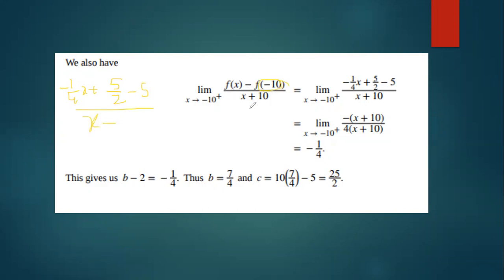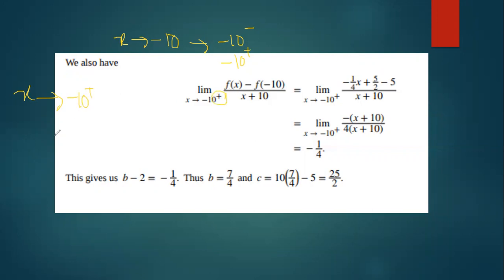Again, we have to write here. Just give me 1 second. My limit is basically x approaches minus 10. So minus 10 will be negative. I have to write the limit of the function at minus 10 with a plus here.